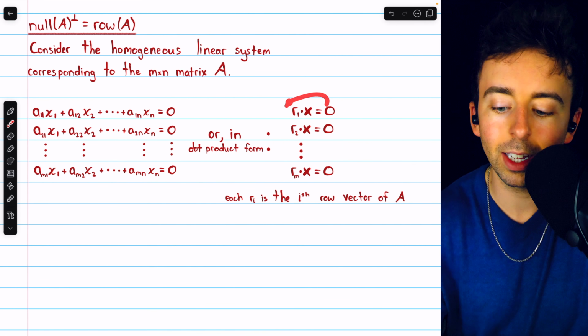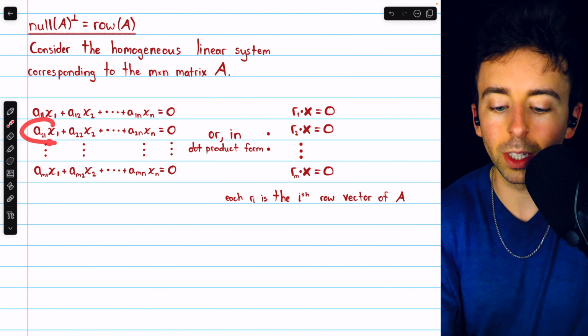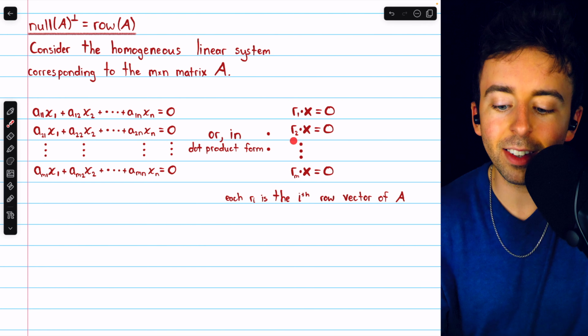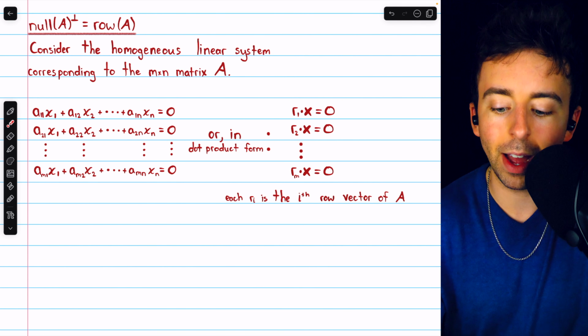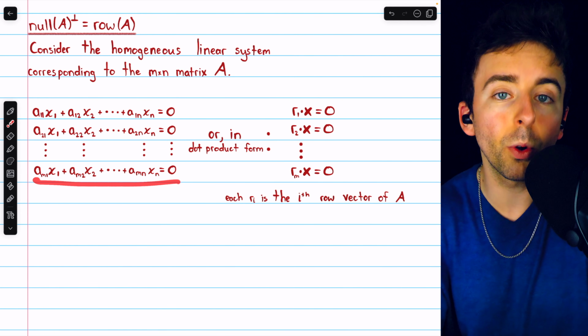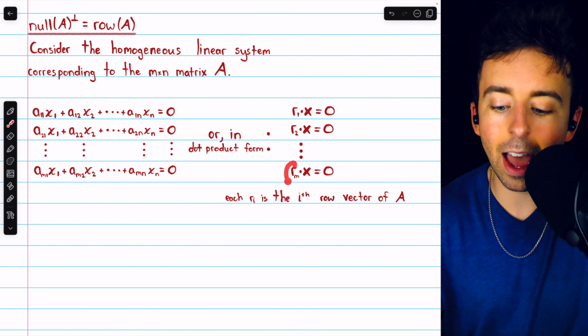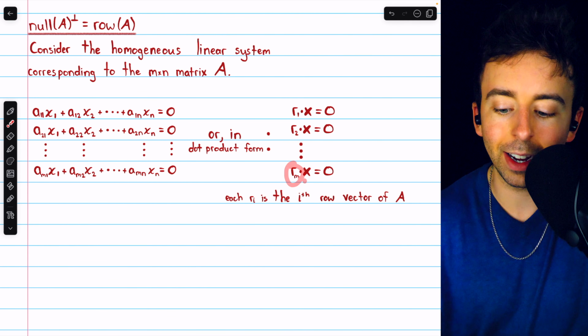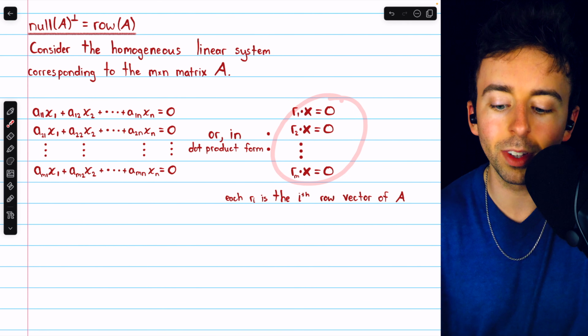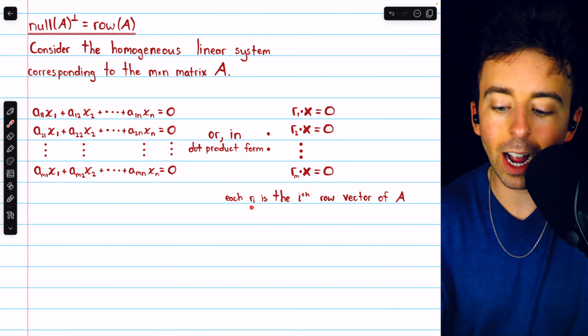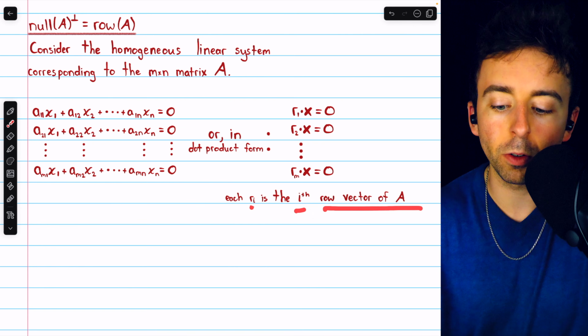It's just a dot product that's equal to 0. Similarly, the second equation can be written as the second row dotted with the variable vector, and all the way up to the mth equation, which can be written as the mth row dotted with the variable vector. And of course, they're all set equal to 0. And again, each Ri is the ith row vector of A.